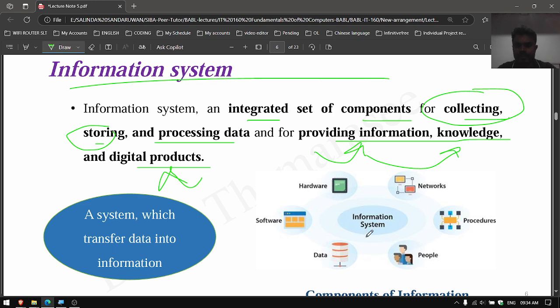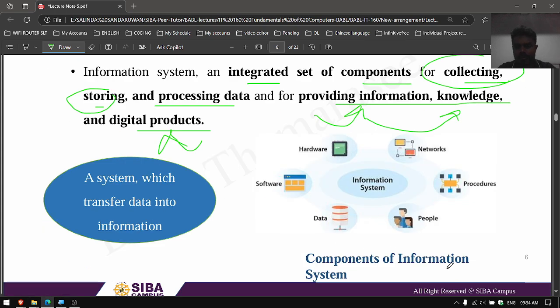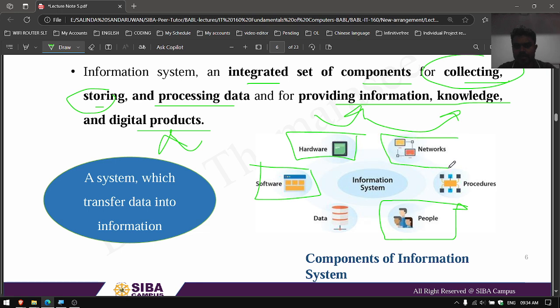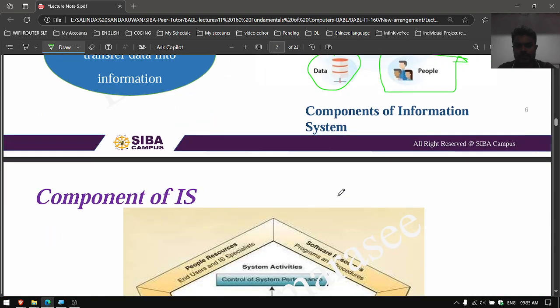And to make an information system, the components of an information system: first, the most important one, the people or the liveware, and we should have software, hardware, computers, and networks to pass the data, and most importantly a database or data to work with. Data is the fuel, input.